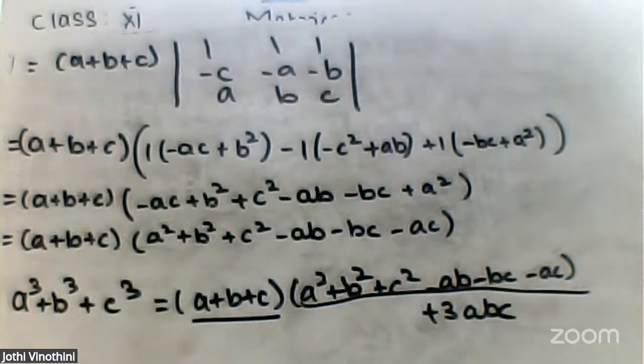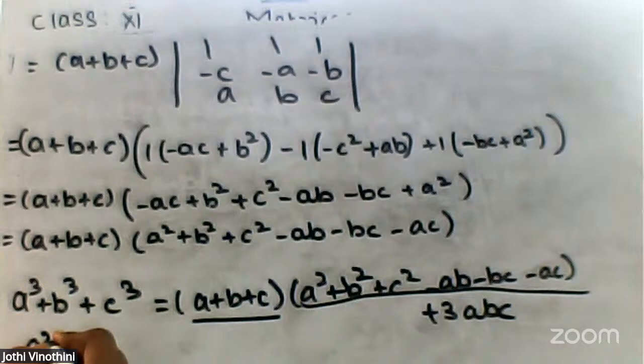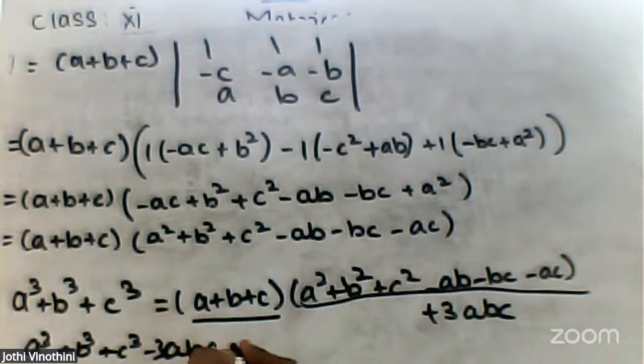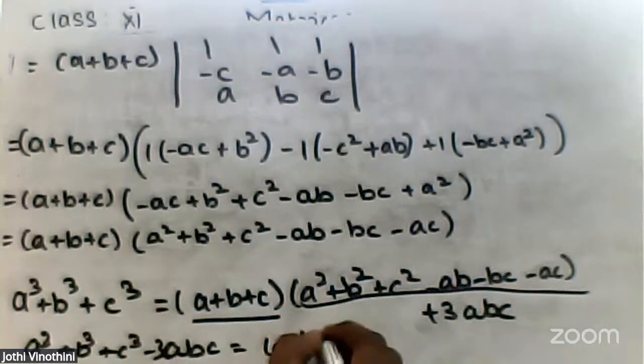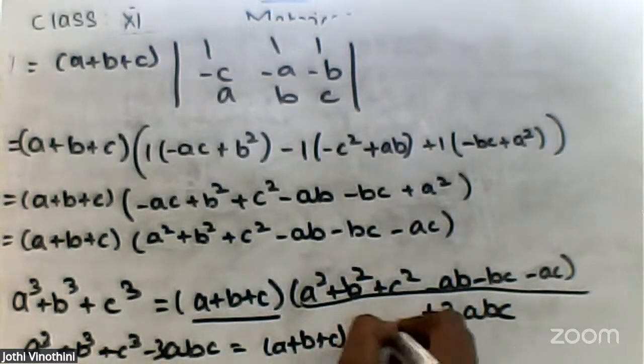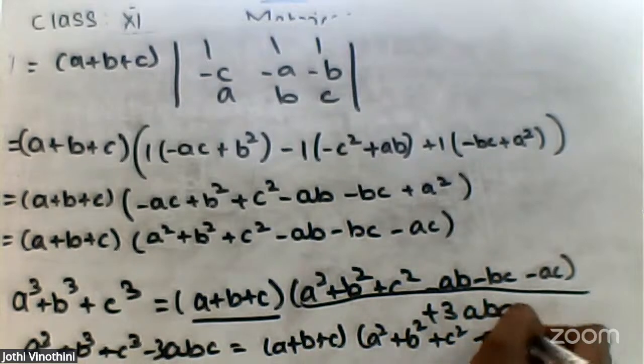So, to find this, we can easily write A cube plus B cube plus C cube minus 3ABC equals, I am just taking this term here, A plus B plus C multiplied by A squared plus B squared plus C squared minus AB minus BC minus AC.